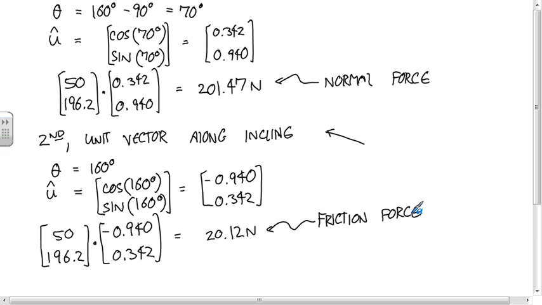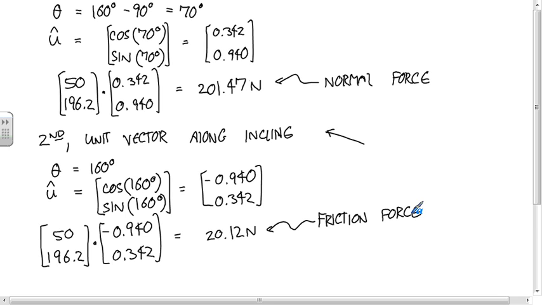So we did 160 degrees to get it going this way, but if instead we would have taken negative 20 degrees to make it this way, we would have gotten an answer of negative 20. Basically it's saying negative 20 times this unit vector, which is the same thing as positive 20 times this unit vector.